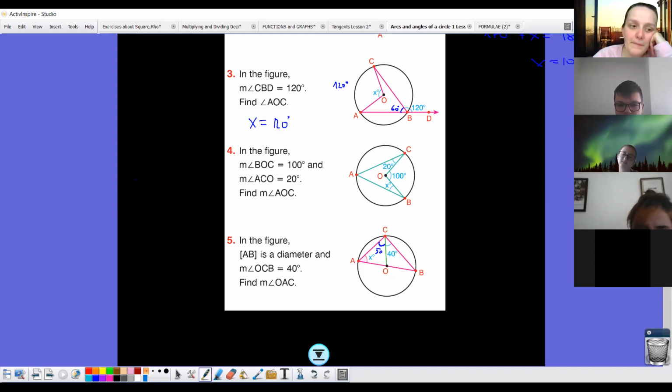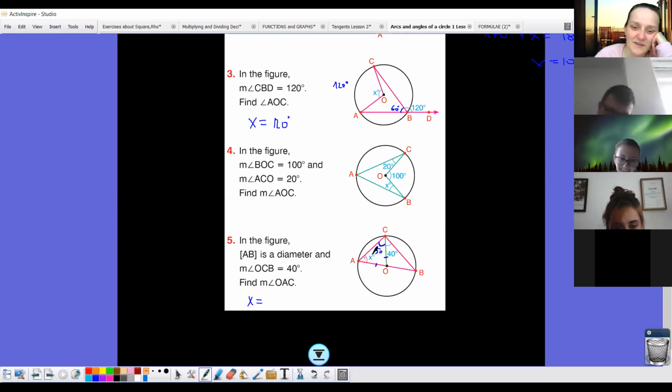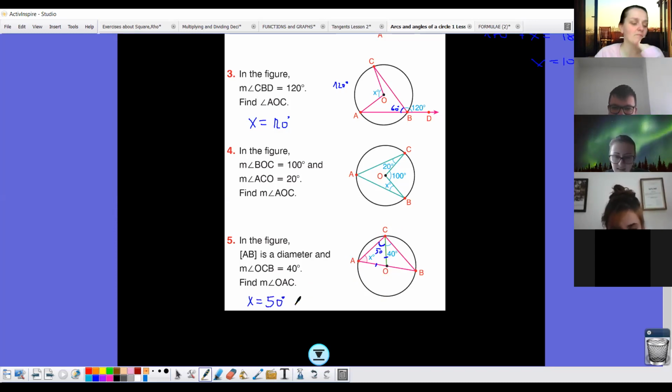They are the same because they are the radius, yes? So if this one is the same as this one, what will be x? 40. Why 40? 50. 50 too. Because it looked like 40, it is an isosceles triangle here, and because of that, x will be 50 degrees.